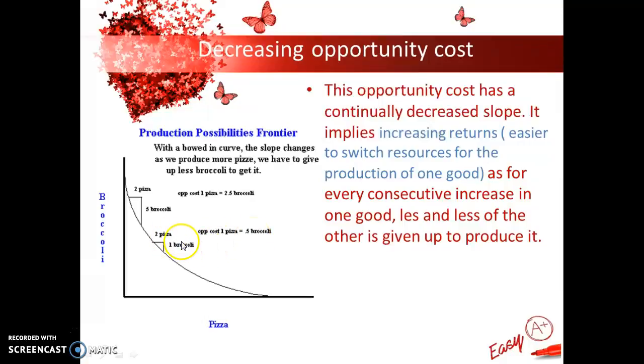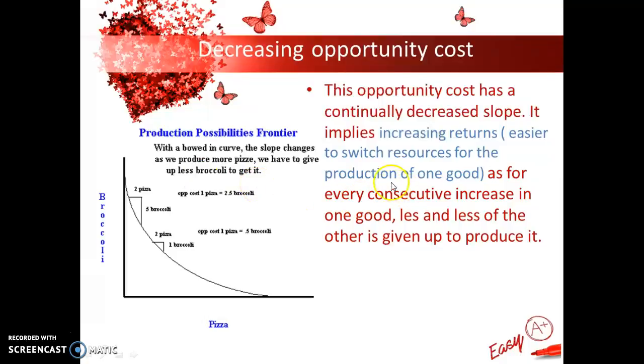When you're producing the 2 pizzas, you have to give up 5 broccoli. And then when you're producing 2 more pizzas, you only give up 2.5 broccoli. So we're seeing that the opportunity cost decreases as it produces more pizza. So we have to give up less broccoli to get it, right?